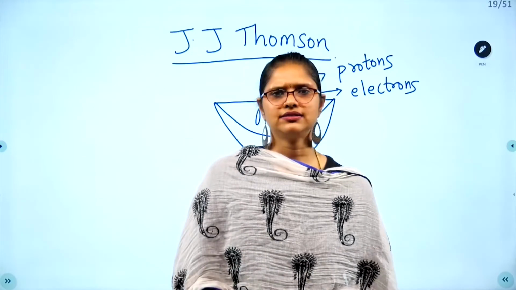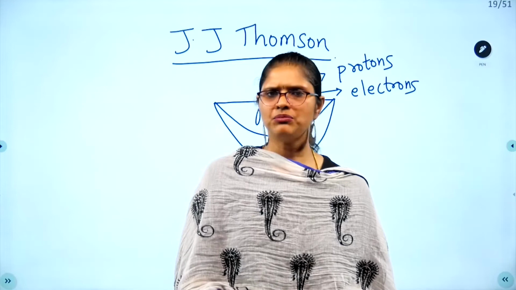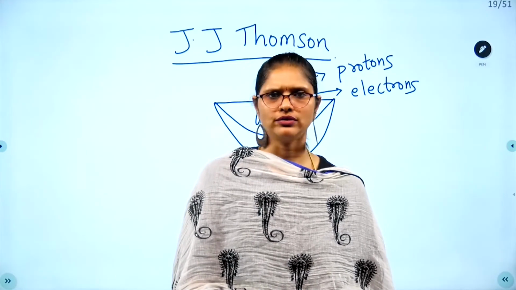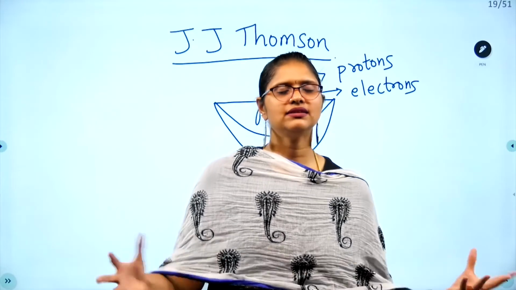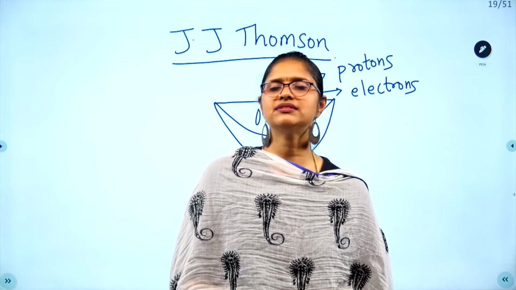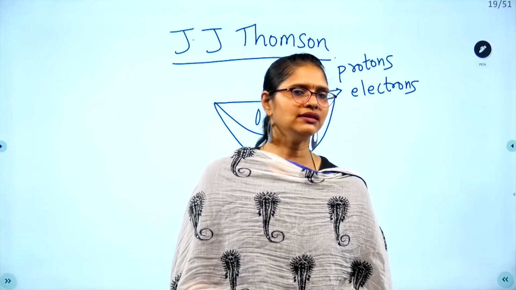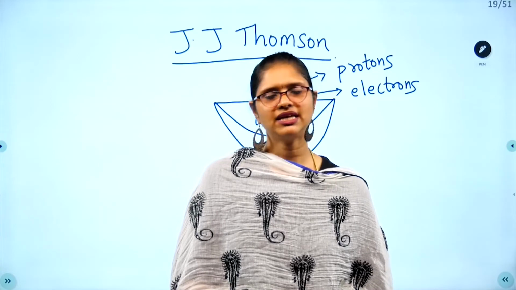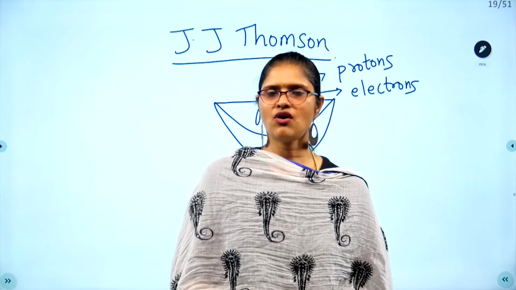So we can say that this 80% of the atom model is given by Rutherford. He connected the atom with the solar system. The sun is in the middle, similarly the nucleus is in the middle of the atom. Planets revolve around the sun in definite orbits, similarly electrons revolve around the nucleus in definite shells or orbits.